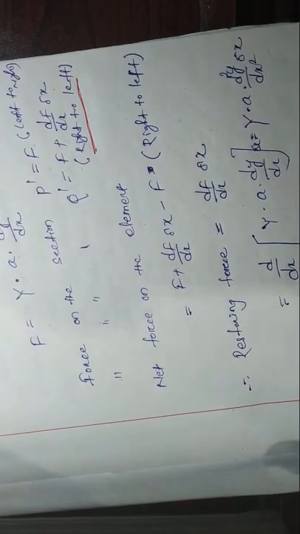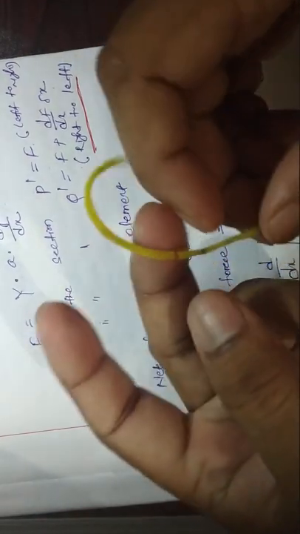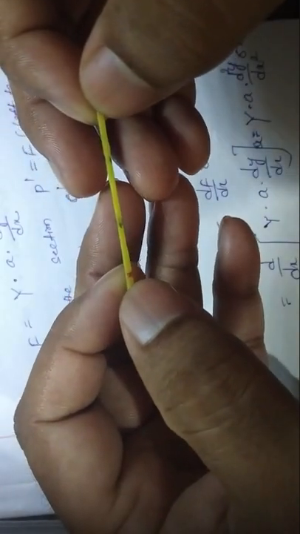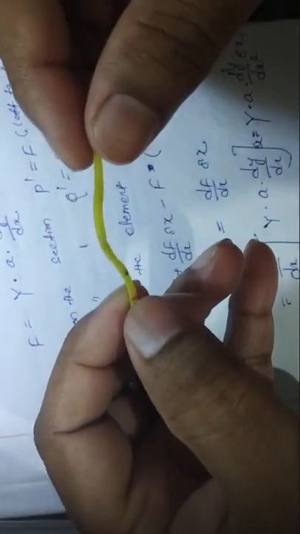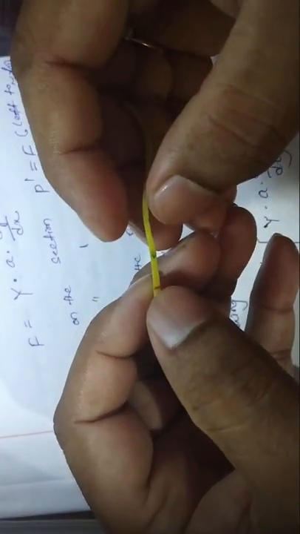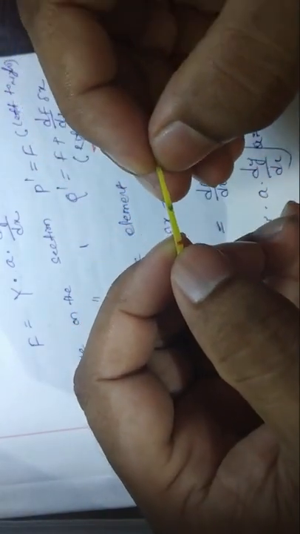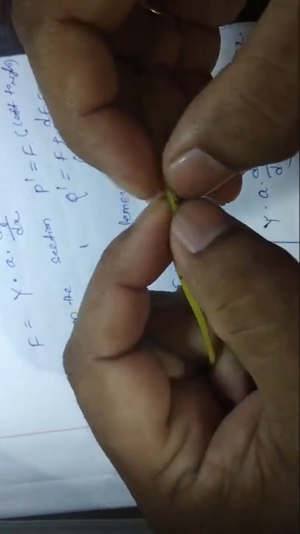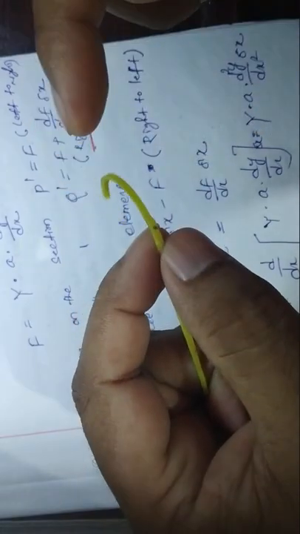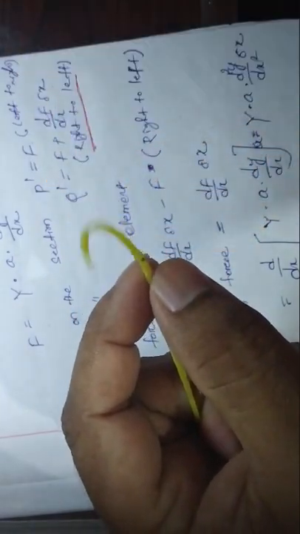Because whenever we stretch a string, it will try to restore its original position. So at this point the restoring force will be backward. Only for that it is written right to left. So this force we are discussing is the restoring force.